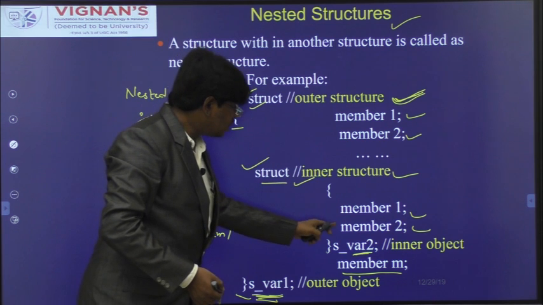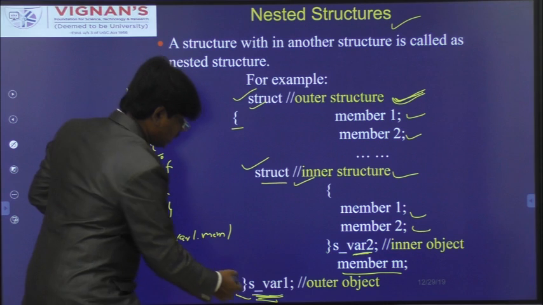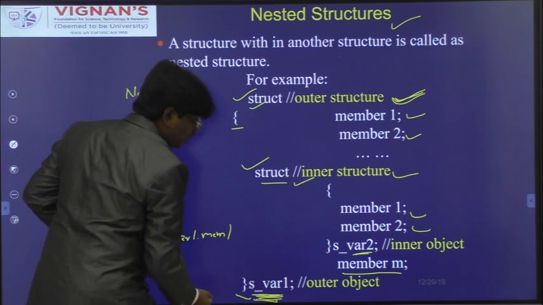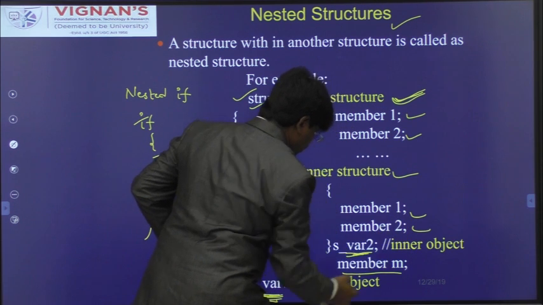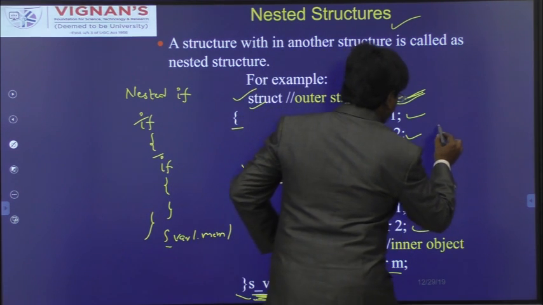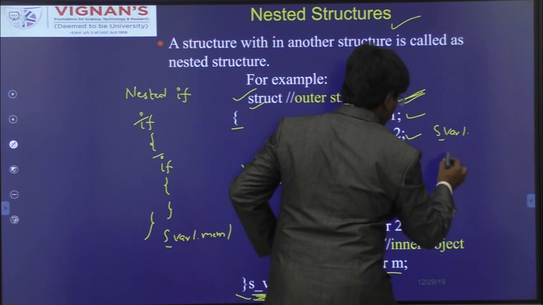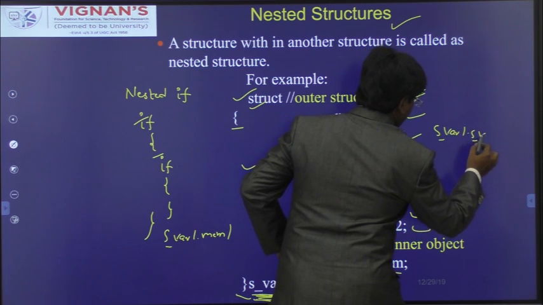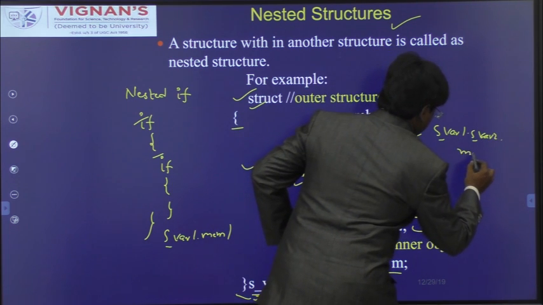So if you want to access the members of the given inner structure, you have to take the help of this variable and also this variable. So how do we have to write it? s_variable1.s_variable2.member1.